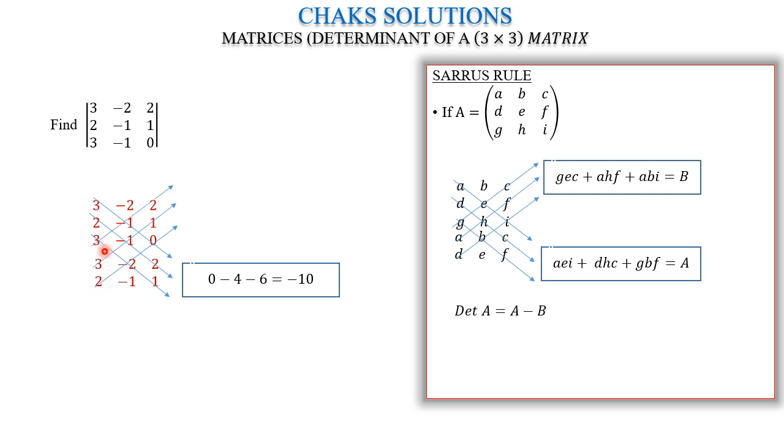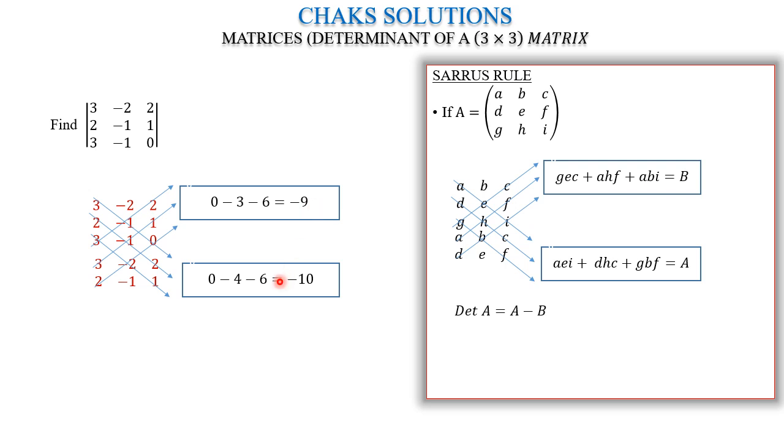Now you can see 2 times minus 2 times 0 is 0. Then 3 times minus 1 times 1 is minus 3. Then 3 times minus 1 times 2 is minus 6. So this sum is going to be equal to minus 9.